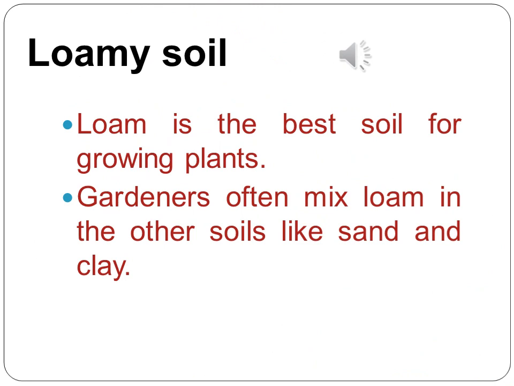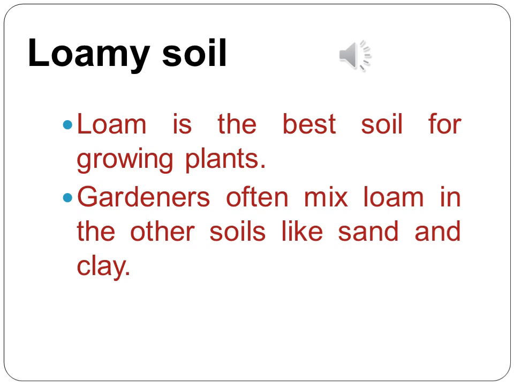The basis for a good garden is the soil available for plants to grow. Soil needs to have proper drainage quality, water holding capacity, and the ability to provide essential nutrients for proper plant growth. And loam is the best soil type for growing plants because it is a combination of all the types of soil: sand, clay and silt.